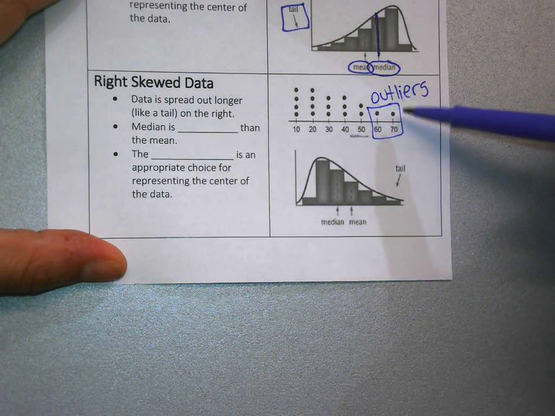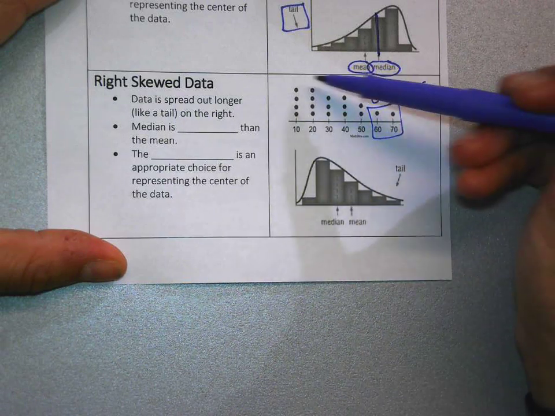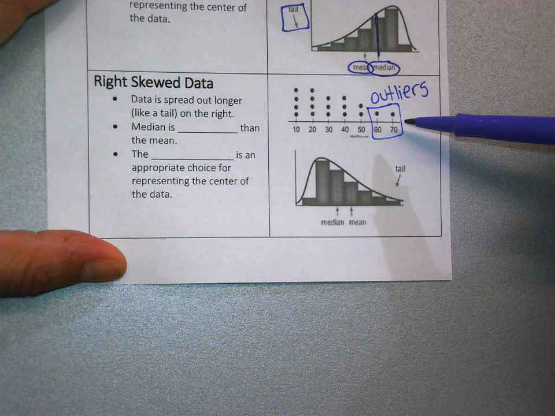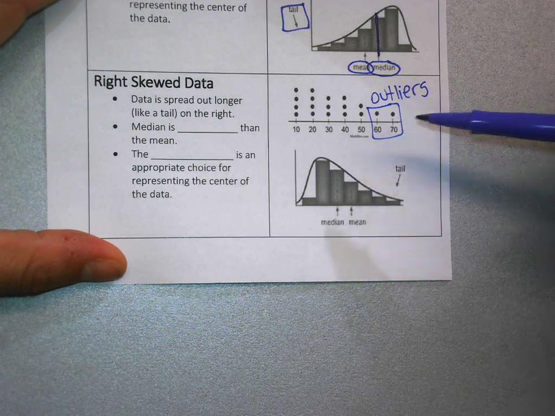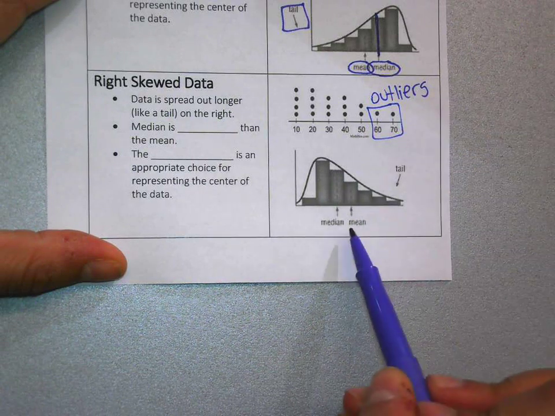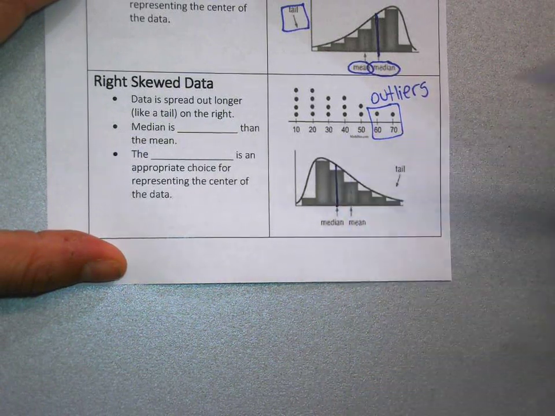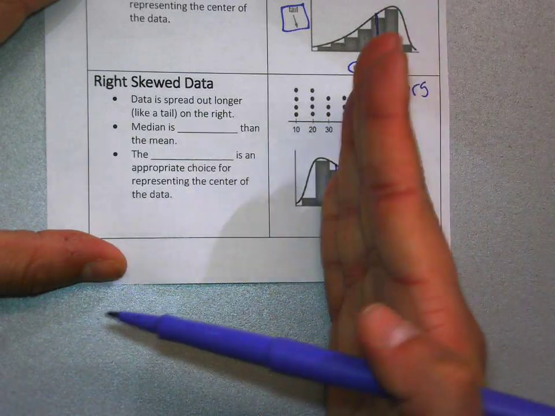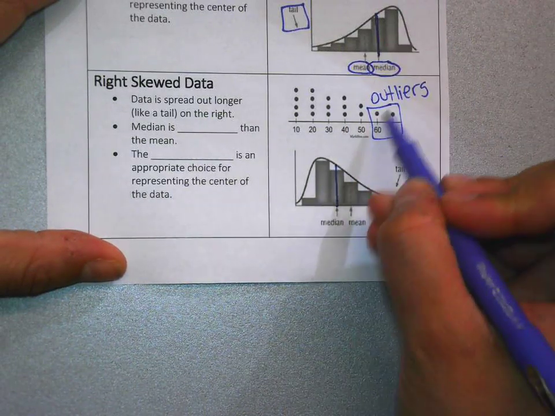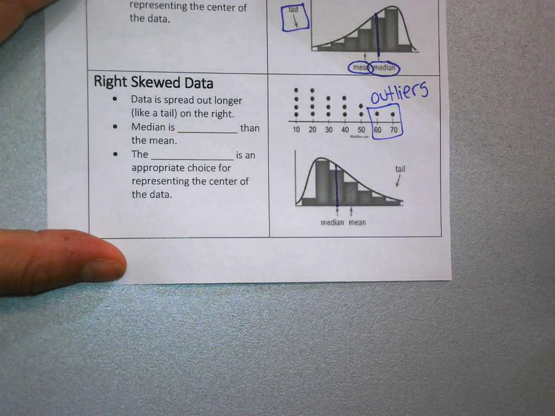So it's okay if we have outliers that are outperforming the majority of our class. That's great. That's not a bad thing. We enjoy that. But it does, however, skew the average again. It's not the best measure of center. Again, the median is the best measure of center because it stays centered despite these numbers pulling our average up.